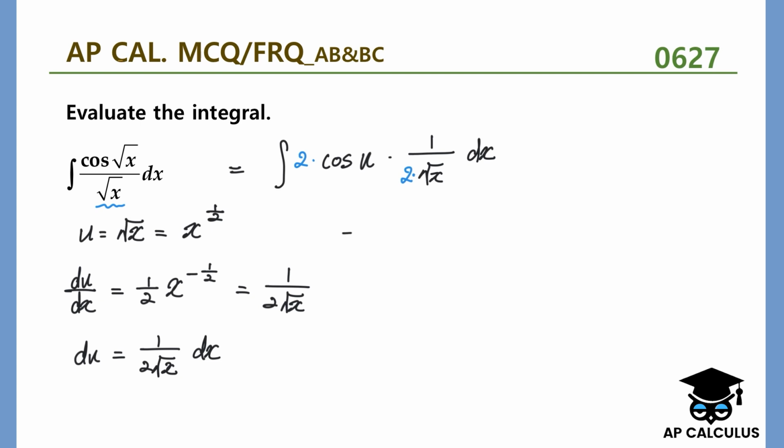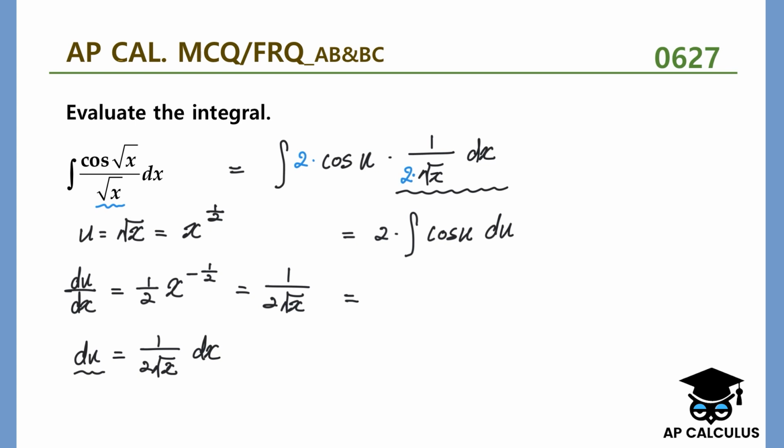So that is equal to 2 times integral cosine u. Here, 1 over 2 square root of x dx. All of this expression is equal to du, right? So du. Now we have indefinite integral in terms of u.